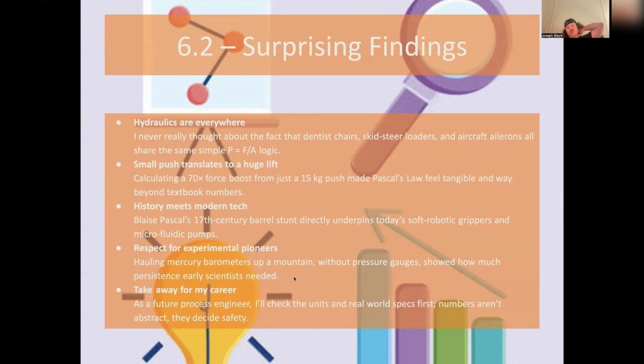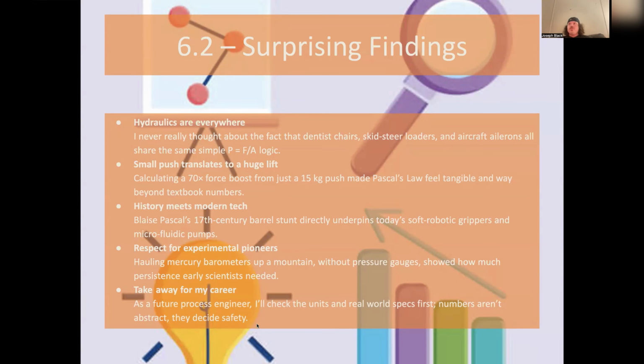And it goes even further, because a lot of the scientific-minded people doubted his experiments altogether, and he had to continuously repeat his experiments to get people on board with what he was trying to prove. And then a takeaway from my career, I kind of already went into this, but I'm working towards a process engineering degree.